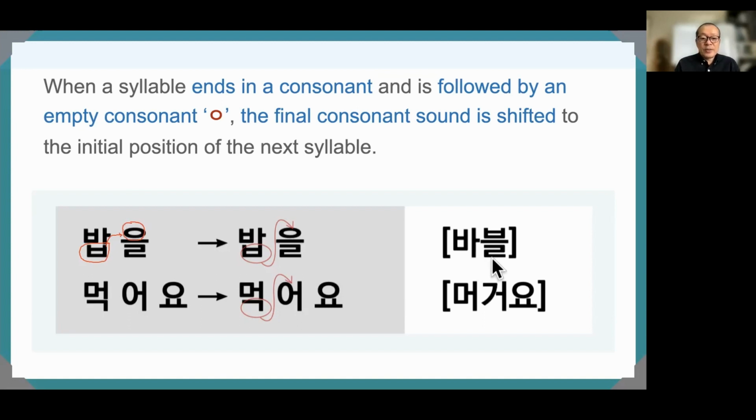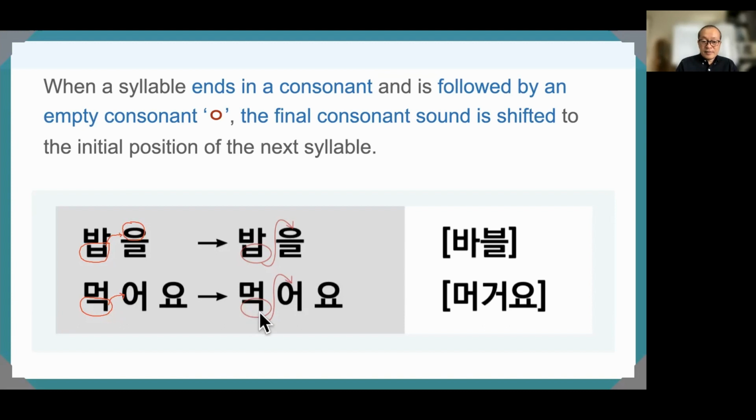Okay, let's practice one more time. And here too. This is 먹, 요, right? But when we read or speak, this final consonant sound is shifted to the next syllable because this syllable starts with an empty consonant.